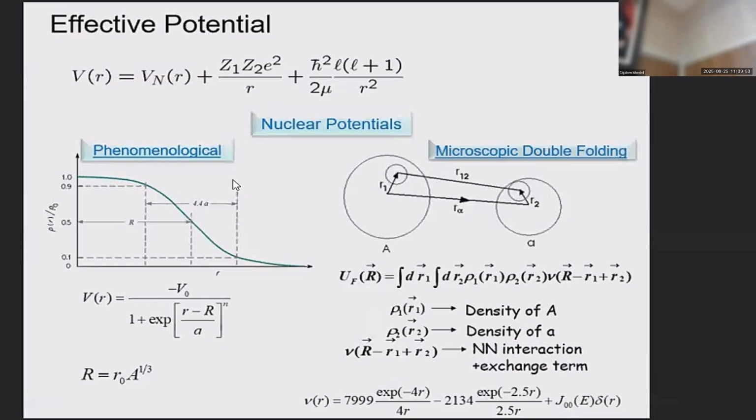And the idea is to describe the nuclear potential correctly. There are two ways to describe this nuclear potential. The first one is the phenomenological approximation. The second one is the microscopic one. From the phenomenological approximation, we know the density distribution of a nucleus.